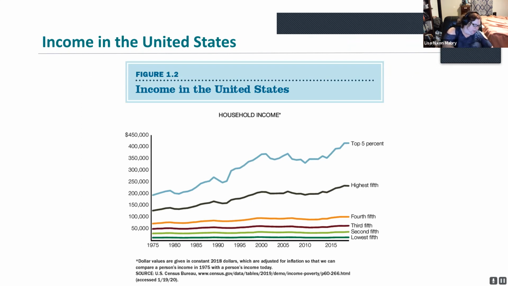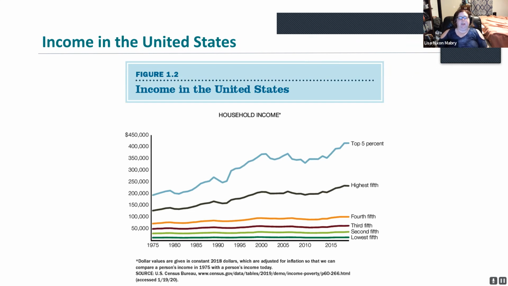So this figure, which is on page 16, shows the income disparities. Okay. If you look at 1975, it was a much closer gap between the top 5% of household incomes and the lowest fifth.